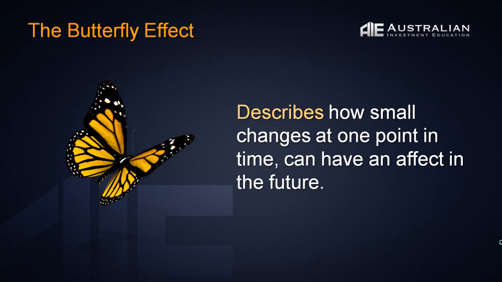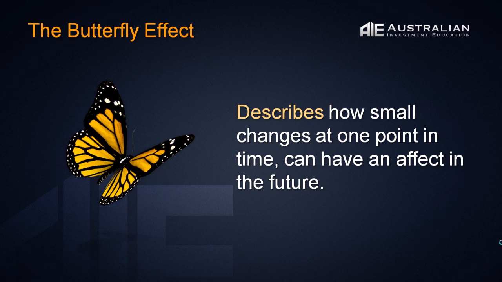Now, this phrase refers to the idea that a butterfly's wings might create tiny changes in the atmosphere that may ultimately alter the path of a tornado, or delay or accelerate, even prevent the occurrence of a tornado in another location. Now, there's been movies that have been made about this premise. It's called the butterfly effect, where by going back in time, of course is a science fiction type movie, but going back in time, changing one event has a major occurrence down the track.